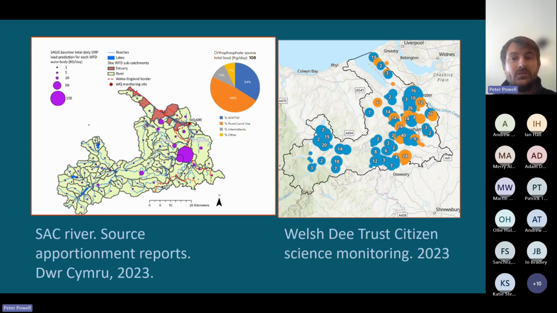Suddenly one place might be full of phosphorus because someone's poured something down a drain, but that might be a one-off. So it is very difficult to identify exactly what is the biggest contributor of phosphorus into the river.